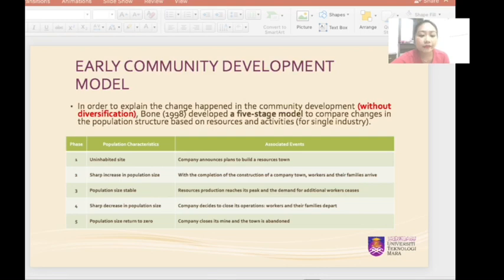Again, while Bone's model reflects some of the restructuring challenges that result in town closure, it does not include alternative development strategies that have emerged to enable small places to diversify into a mixed economy or to develop a new industry.